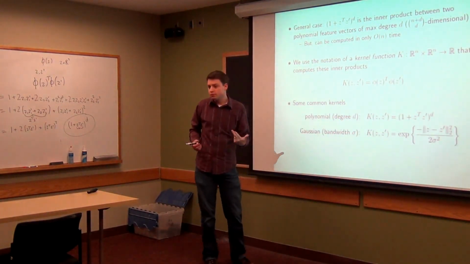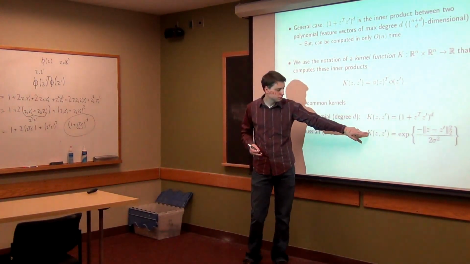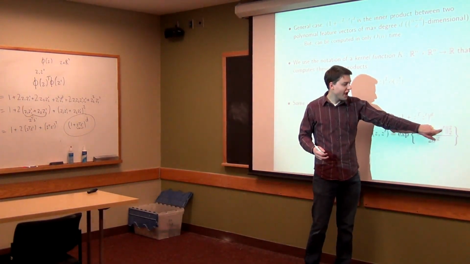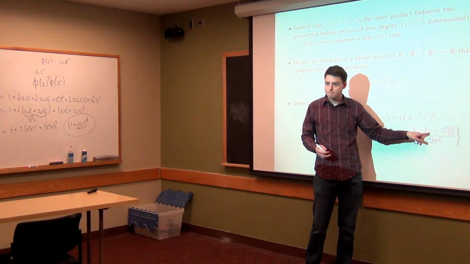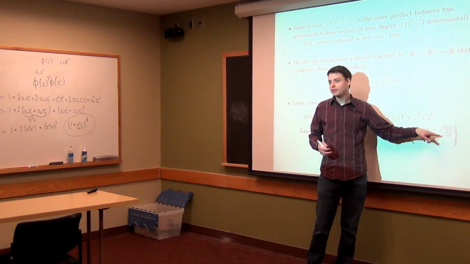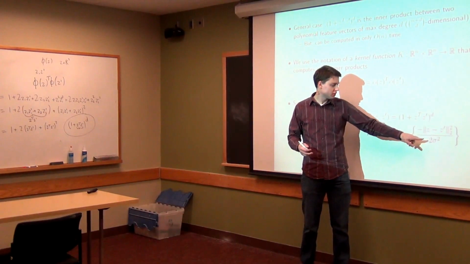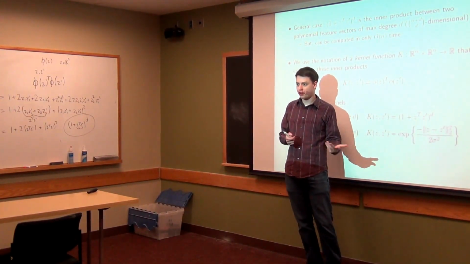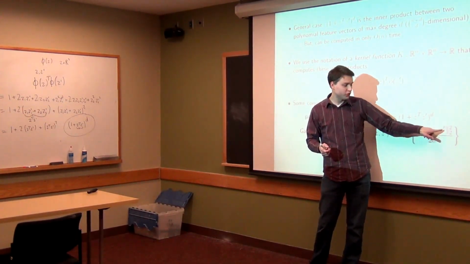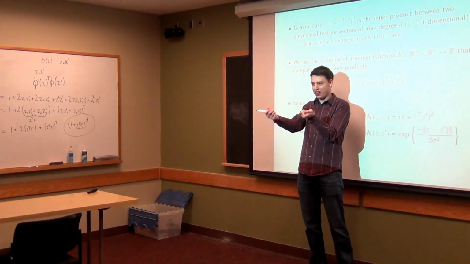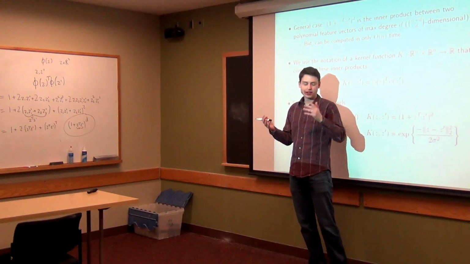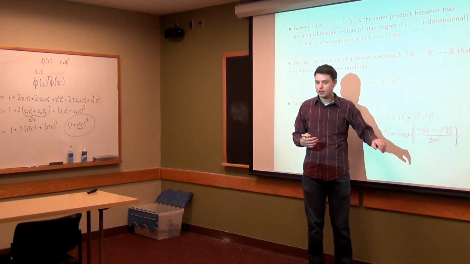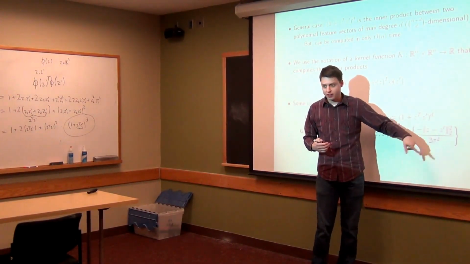To compute the kernel between these two things, you subtract z prime from z, take the squared norm of that, negative squared norm, divided by some bandwidth sigma. This should look a lot like an RBF, where you're using the two data points as the data input and the RBF center, rather than a fixed set of RBF centers. Other than that, it's the same form, and you take the exponential of all of this.